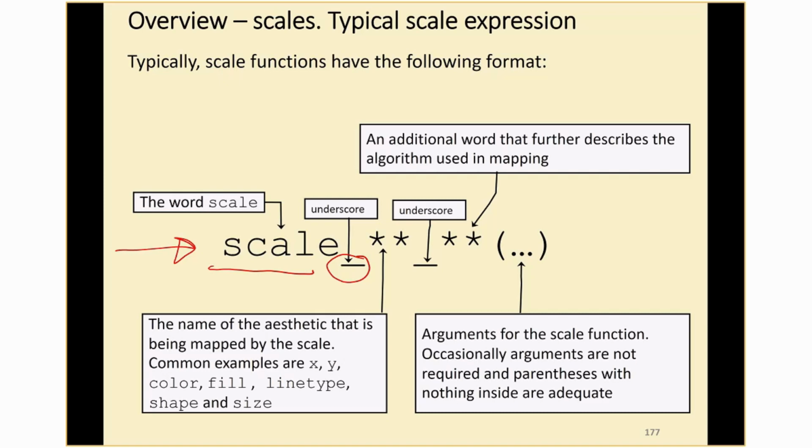The scales are responsible for bringing about the aesthetic mapping, so there's a word here that typically reflects the aesthetic mapping. Sometimes, but not always, there'll be an additional underscore and an additional word. But of course, being a function, it's always going to have an open and closed parenthesis, although it's not always the case that there's going to be something inside of that open and closed parenthesis.